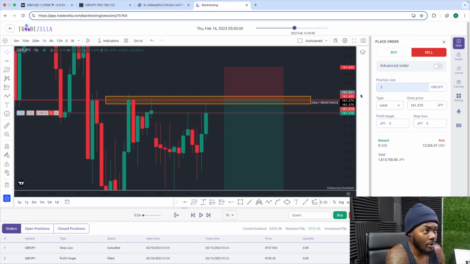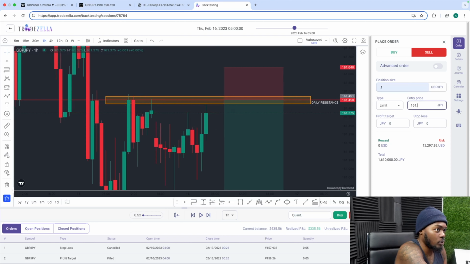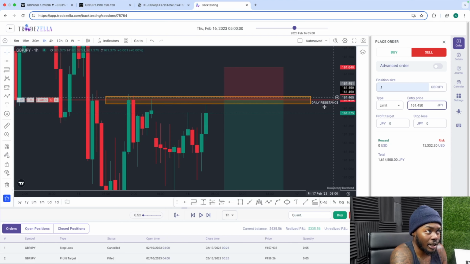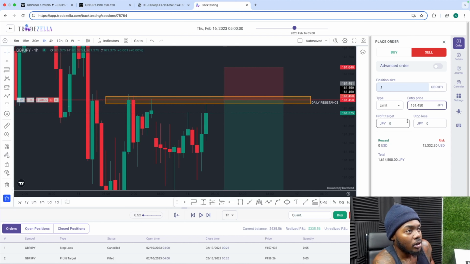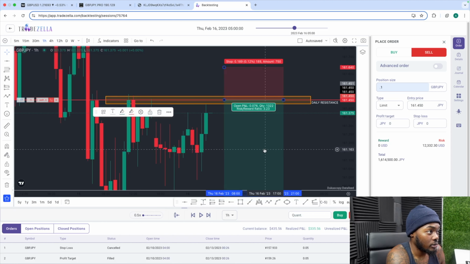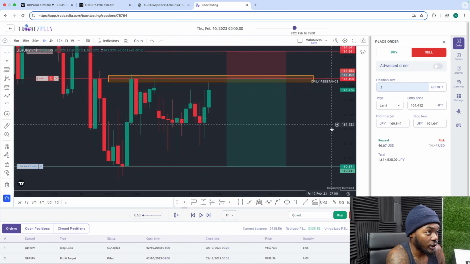So this is my limit order here. My price point is 161.450. So entry price is 161.450, which is my daily resistance. This is where I would like to actually execute the trade or enter the trade. My profit target is going to be somewhere down here.